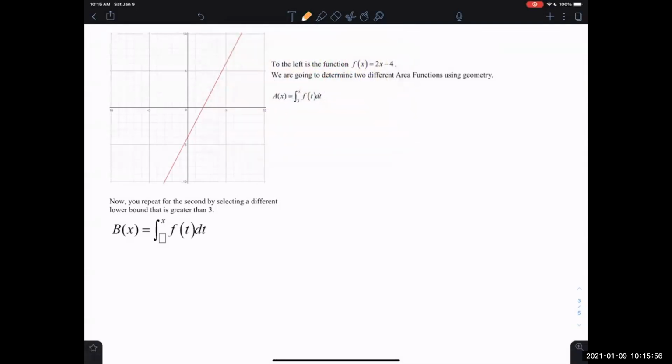We have a completely different function now, and we actually have the function. So 2x minus 4 is our function. We're going to determine 2 different area functions using geometry again. After this lesson, unless you're specifically asked a Riemann sum question or a trapezoidal sum question, or in the rare case of something that can't be calculated without geometry, we're not going to do very much more geometry from here on out.